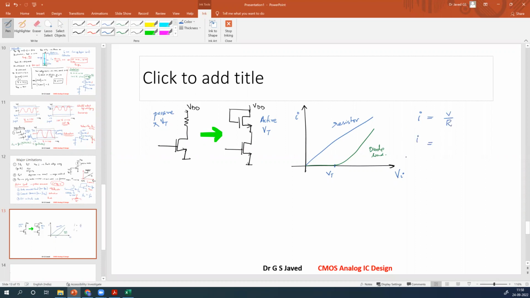But for a diode, the current I will be 0 for Vi less than Vt. Right? And what will happen when the current increases? It is now K times (Vi minus Vt) square. So there is an exponential increase present here.